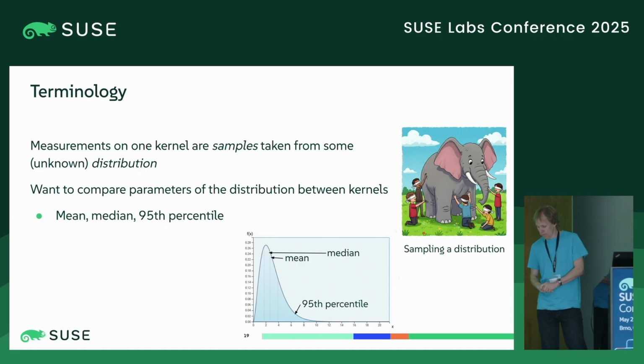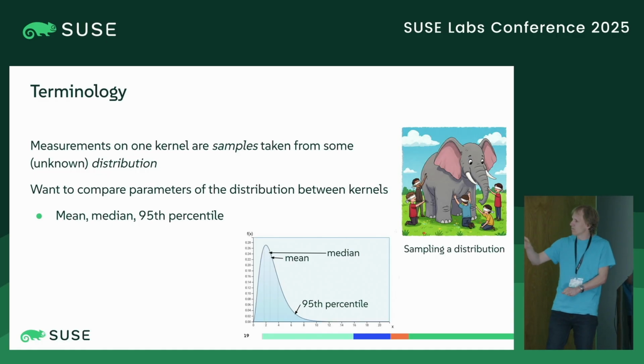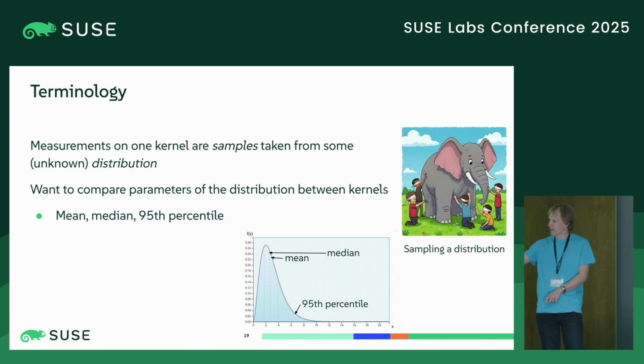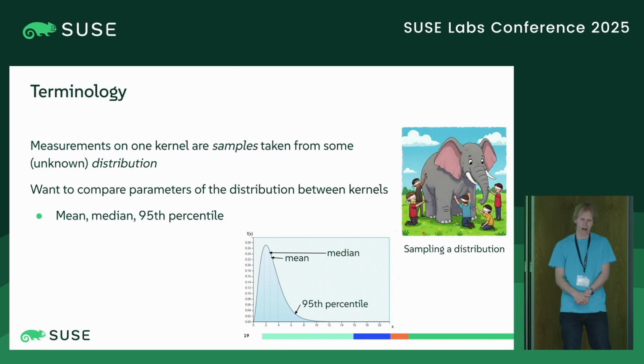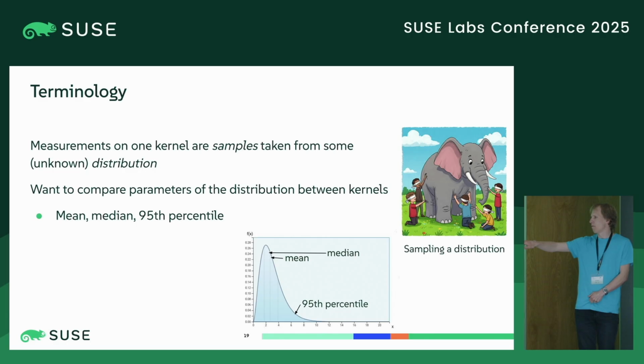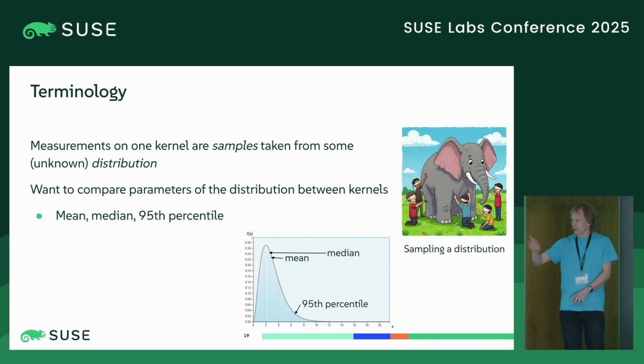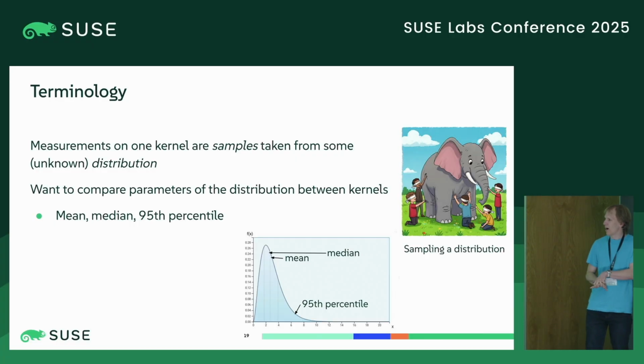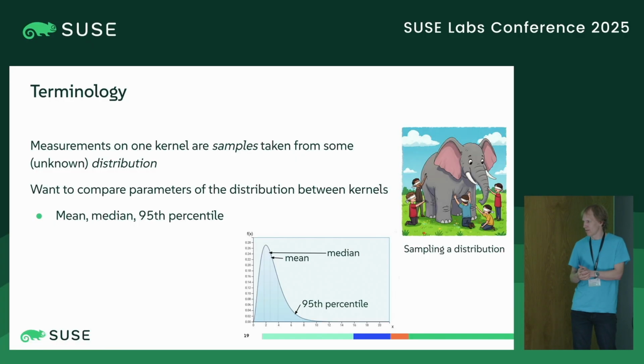An example of what a distribution can look like is in the graph at the bottom, where you see the probability of getting each particular number. In computers, this distribution is actually continuous, so it can give you an arbitrary real number. In practice, we get more of a discrete distribution in computers, but in principle it's the same. Basically it assigns a probability to each value you can get.